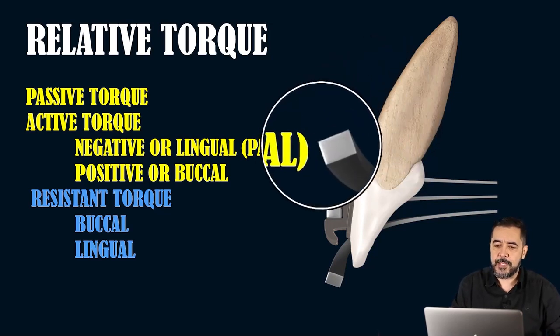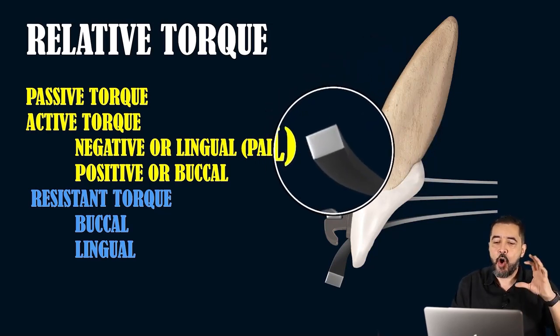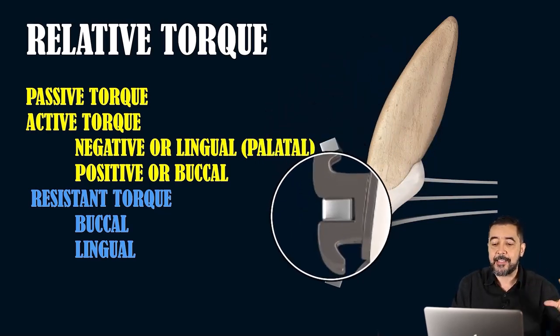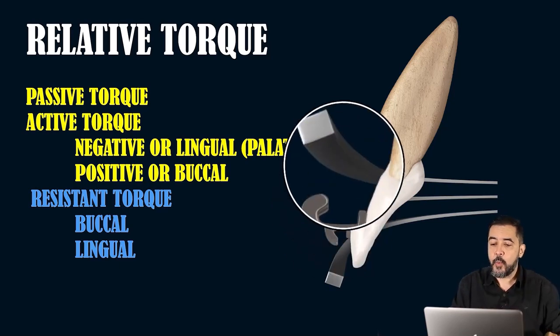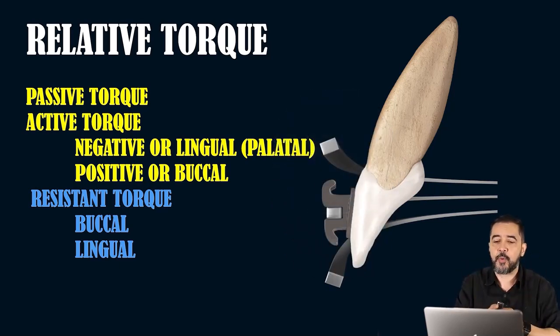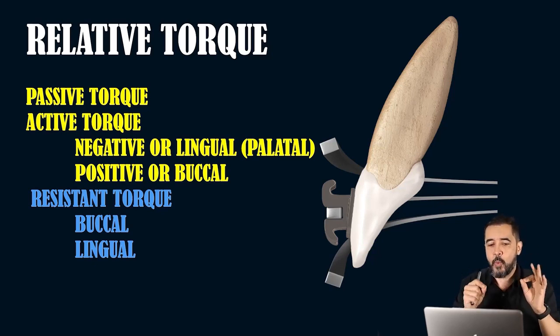And if we insert this kind of real torque inside the slot, we are going to generate another relationship, which we call the active torque, active relative torque. What is this? Negative or positive? We're going to see in a moment.